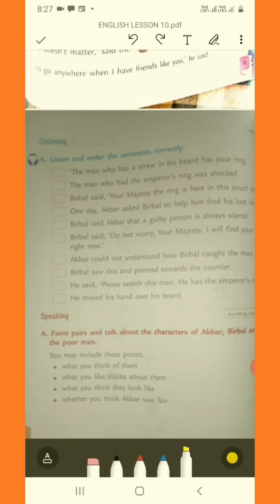Birbal, witty, a wise man who was full of words and answers, who did not shy away from standing by what is right, even in front of the king. The poor man, the old man, he was poor, he was in need of money, he was ready to take dares and challenges, but he was not brave enough to speak up and keep his words in front of the king, right?